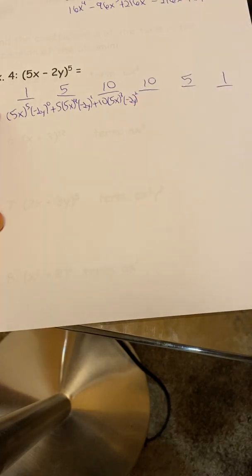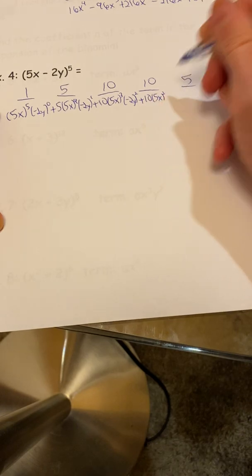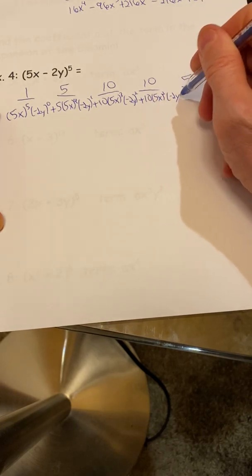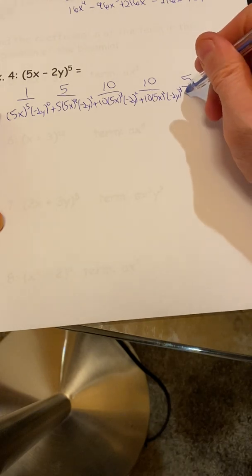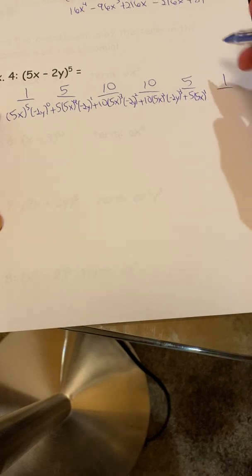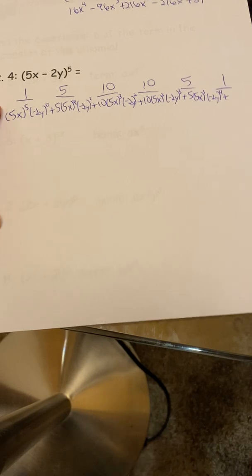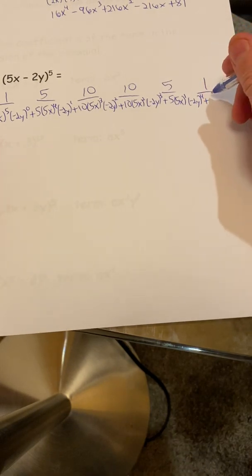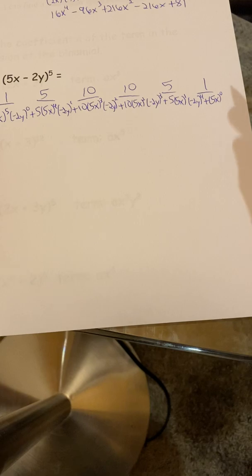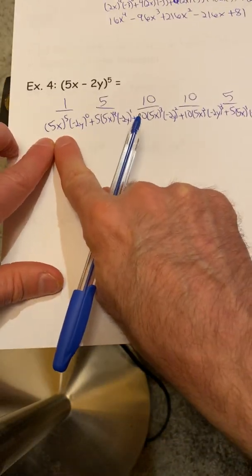Minus 2y to the second, plus 10, 5x squared, negative 2y to the third, plus 5 times 5x to the first, negative 2y to the fourth, and then plus, out here at the end, 5x to the 0, and negative 2y to the fifth. So, like I said, going to be kind of an ugly set of things to work through here.